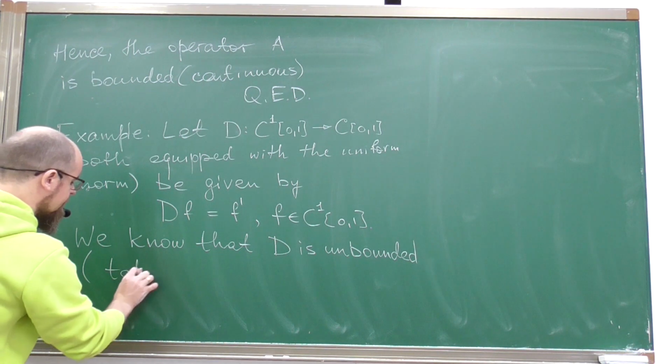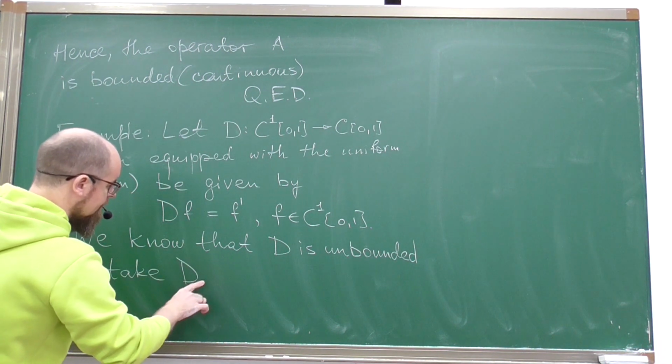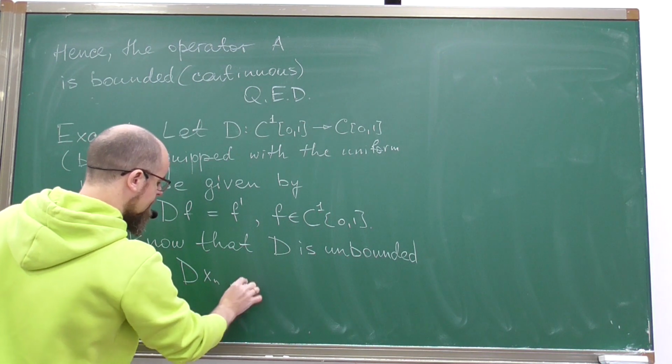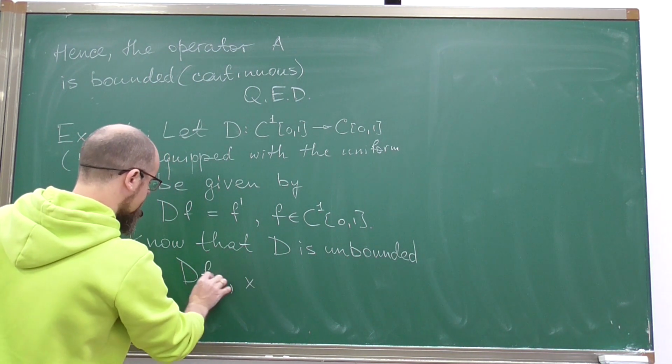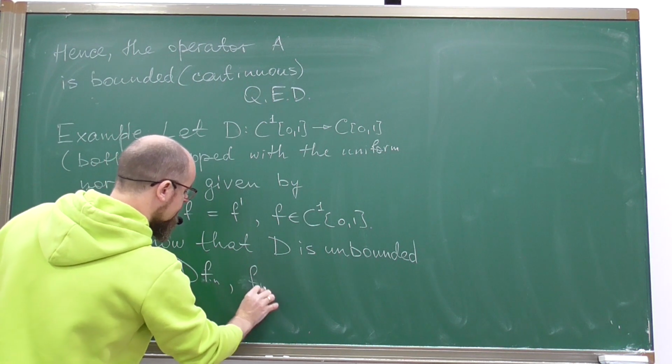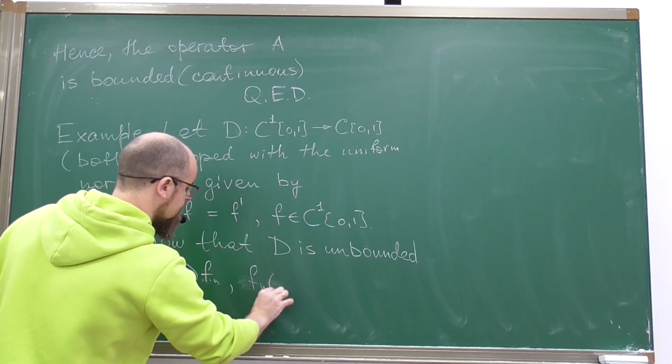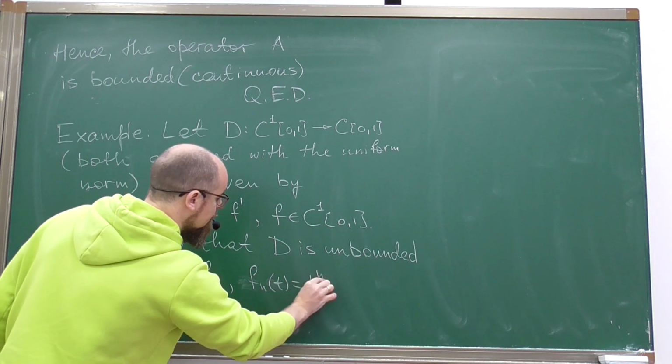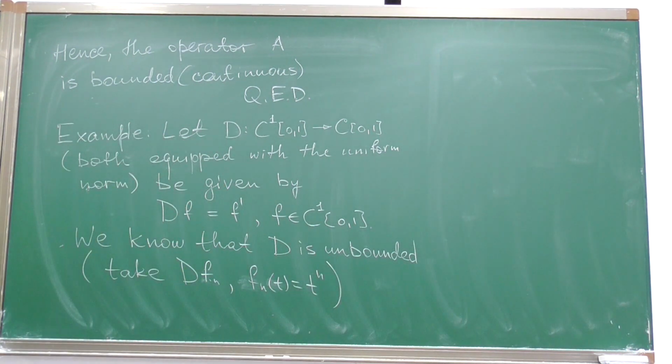We just need to take D at f_n, where f_n of t is t to the power of n. The norm of each of these functions is 1 on the interval [0, 1], but the norm of D f_n, when you differentiate it, you will get n in front of it, and so it will be unbounded. Let us now prove that this operator is closed.